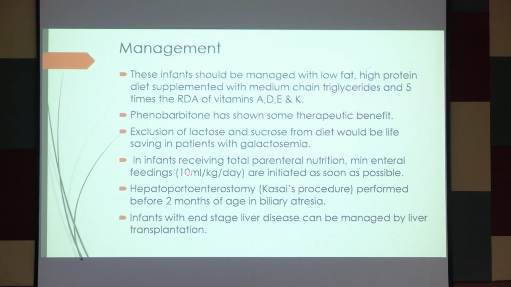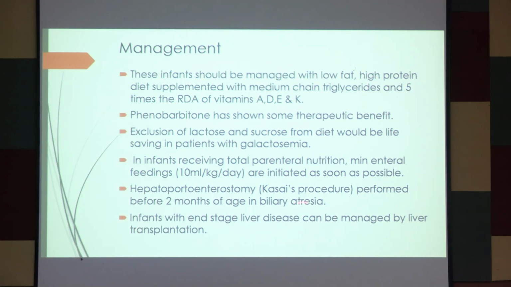Then in patients receiving TPN, total parenteral nutrition, minimal enteral nutrition will be given, that is 10 ml per kg per day, to be initiated as soon as possible.